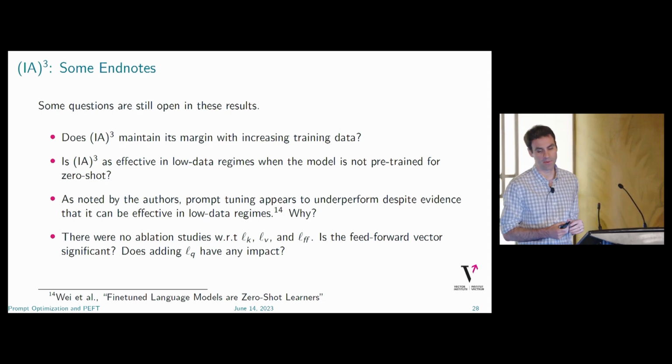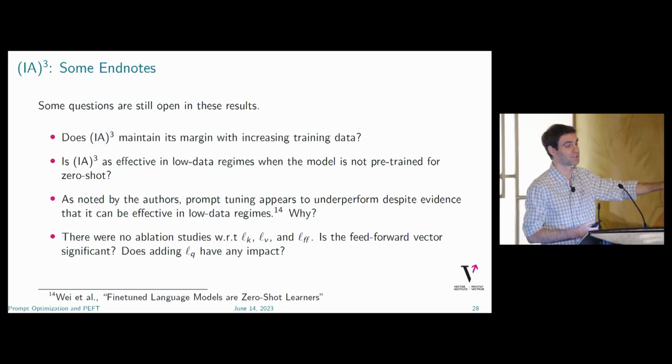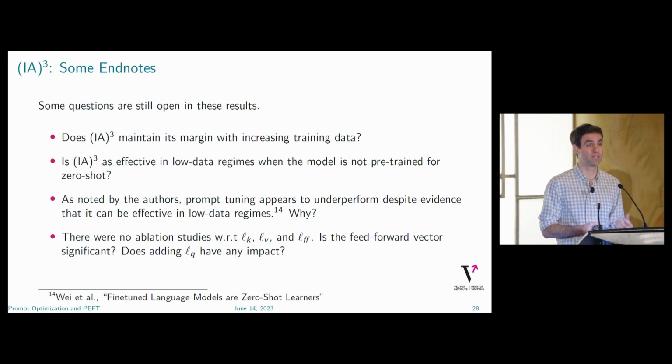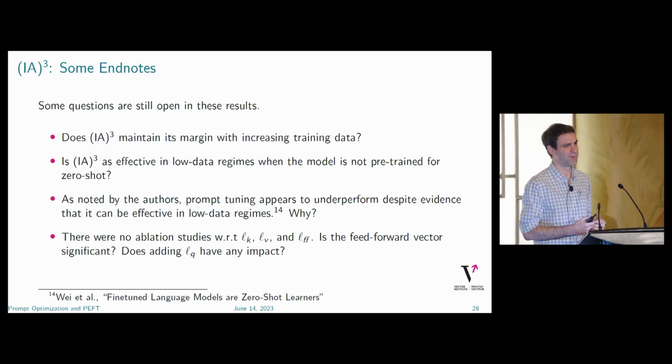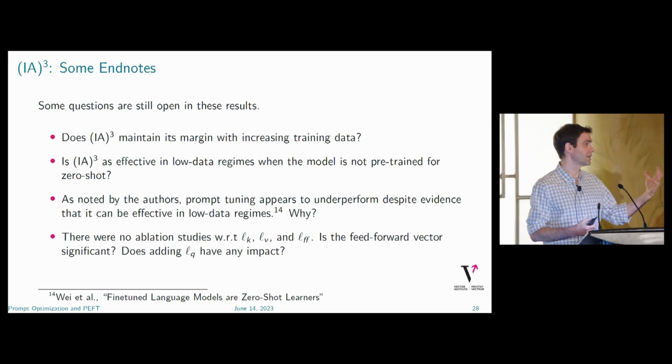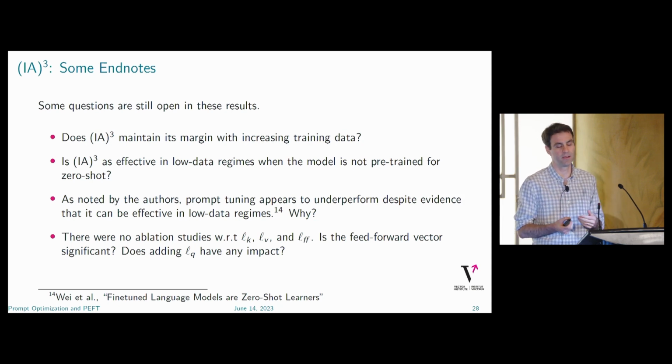Also, as noted by the authors, prompt tuning actually appears to be pretty poor for this particular task, even though there is evidence that it can be effective in low data regimes. They don't really address why. They posit maybe it's the underlying model, but it's not a particularly satisfying answer. And then finally, personally interesting, there were no ablation studies with respect to the vectors that they chose to use in IA3, L_V, L_K, and L_FF.